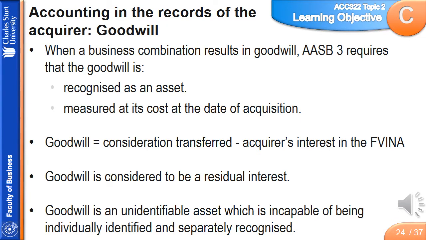Goodwill provides future economic benefits from assets that could not be individually identified or separately recognized in the combination. So when you compare the fair value of identifiable net assets against the consideration transferred and the residual results in goodwill, that amount needs to be recognised as an asset and measured at its cost as at the date of acquisition.